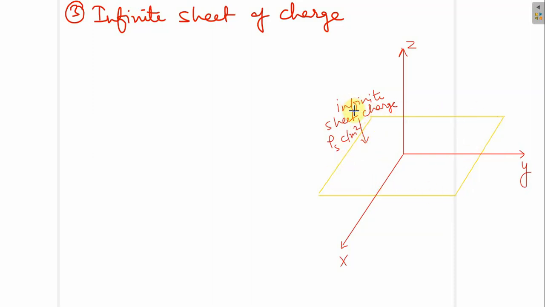Okay. Now before finding the flux density for this whole infinite sheet, we will assume a small element. So let us assume a small element over this.